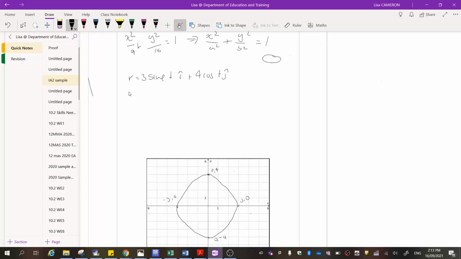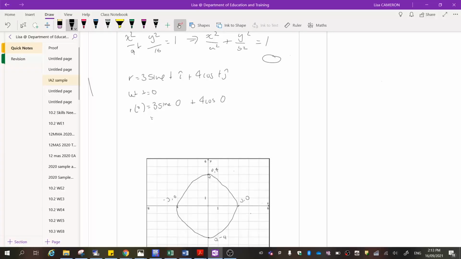So let's say, for example, we sub in t as 0 to find its r value. So we have r(0) equals 3 sin 0 plus 4 cos 0. We'll just disregard the i's and j's for now. This is when t equals 0.